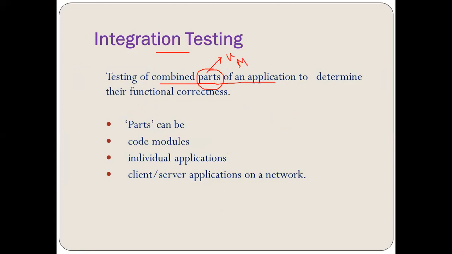So different modules are combined together to form a complete software to determine their functional correctness. As we have already tested the independent modules, here we are going to test the integration of those. That means the interface and the communication between the two does not affect the output of any of the modules. That is what we are going to test.